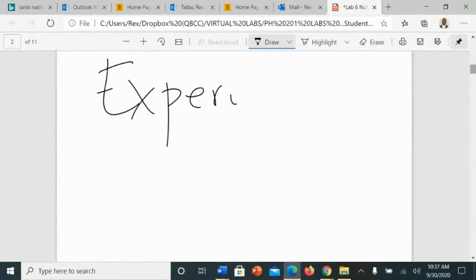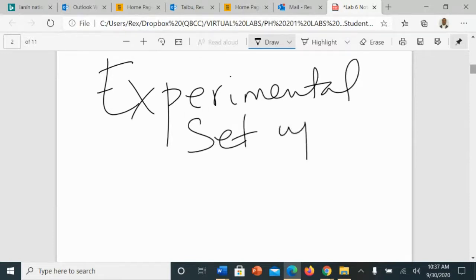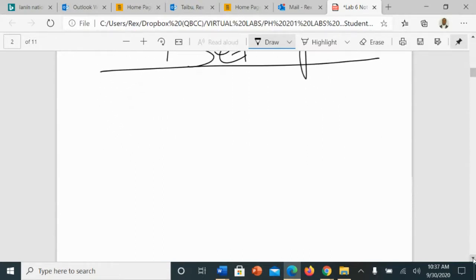Okay, so here is our experimental setup. To do this experiment, we need to find a way to change the net force and observe the acceleration.